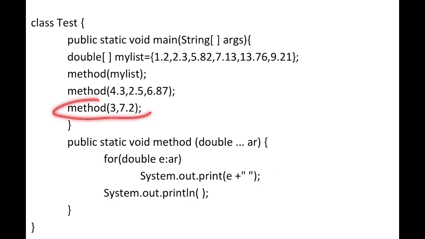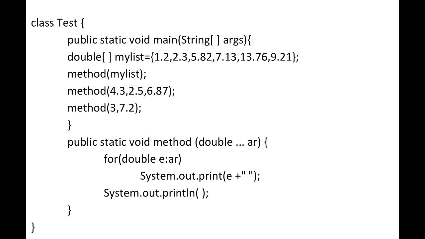Similarly, we can invoke this method using 2 arguments, that means 3 and 7.2. So when we invoke in this way, similar to the previous one an array is created and the elements are stored in that array, or we can say the arguments are passed to that array.